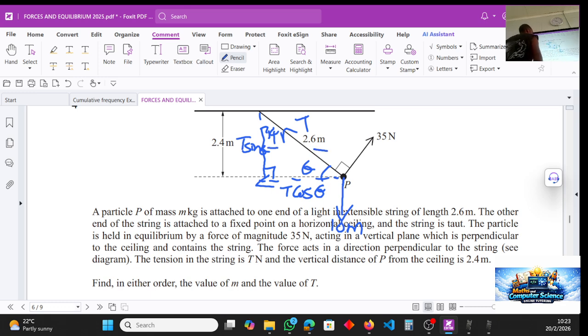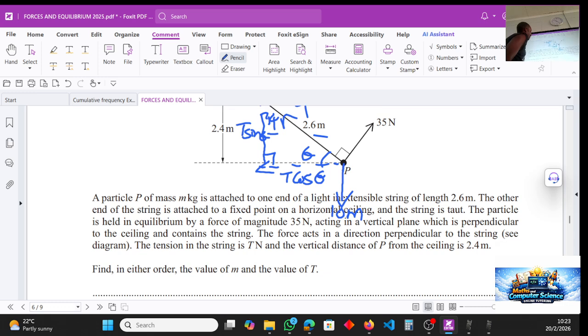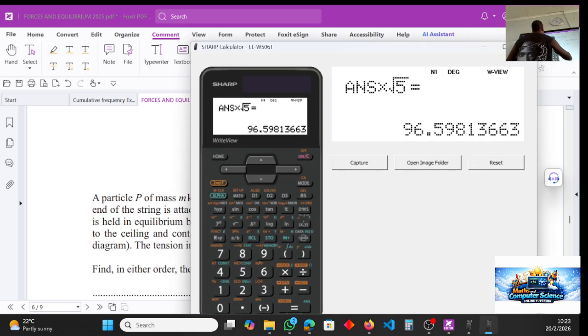Then I need to find the value of m and the value of T. So I'm going to find theta first. Because I've got the opposite and the hypotenuse, I'll use sine.